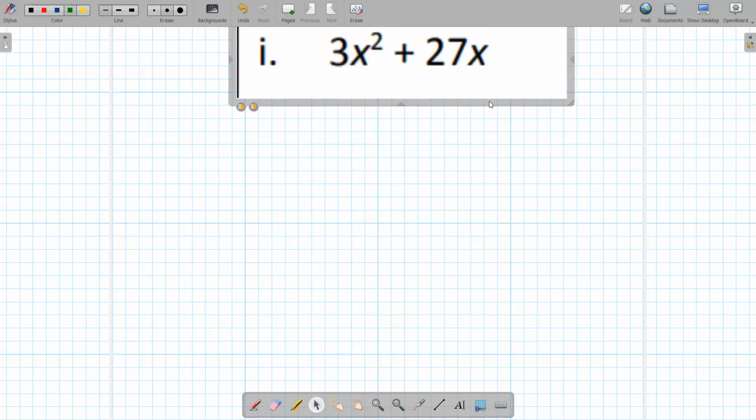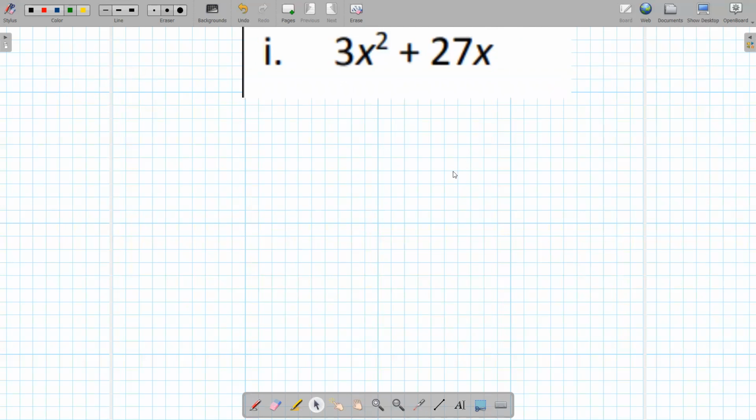What about here? What can we pull out? 3? You can pull out something else other than 3. What do x squared and x have in common? X, exactly. So what are we left with in the bracket?